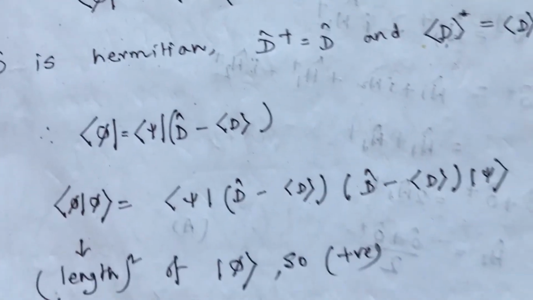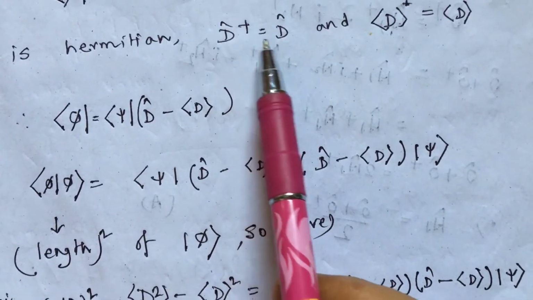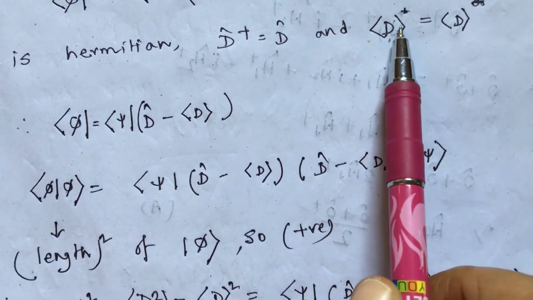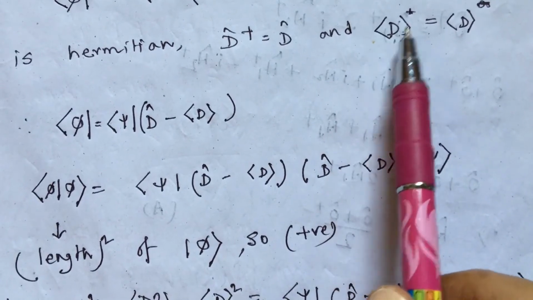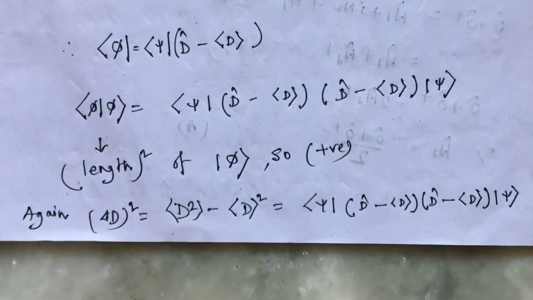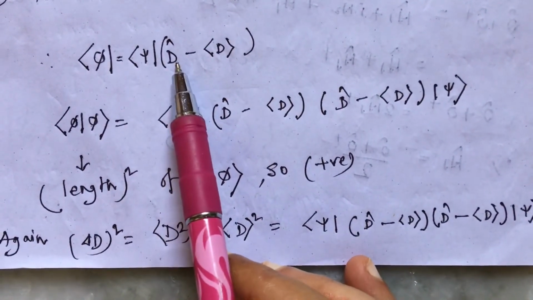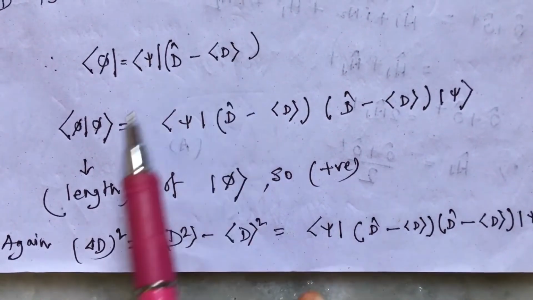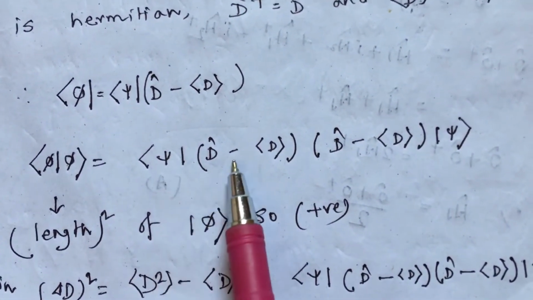But d is a Hermitian operator, which saves me, and I get d dagger equal to d and this expectation star equal to d expectation, because as it is Hermitian, the expectation value is a real number. So my phi bra is <psi|(d operator minus d expectation).